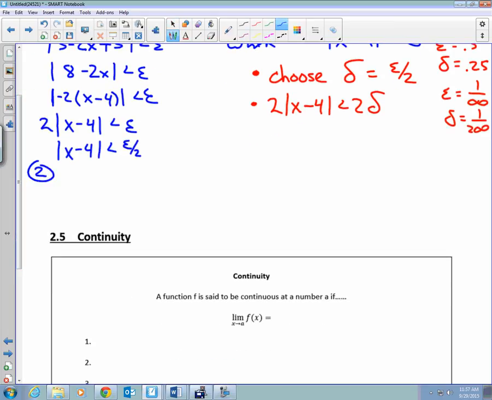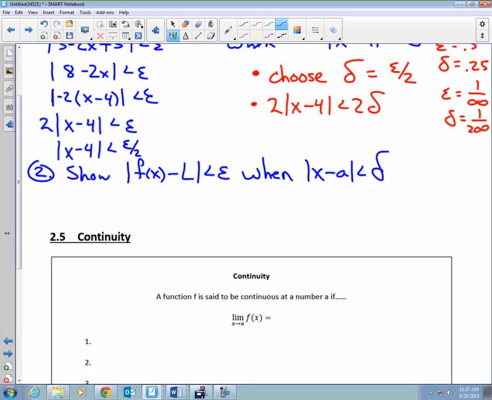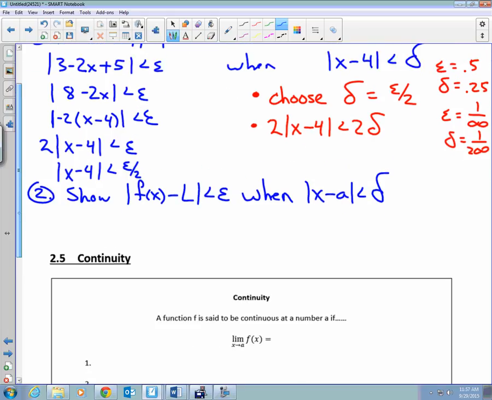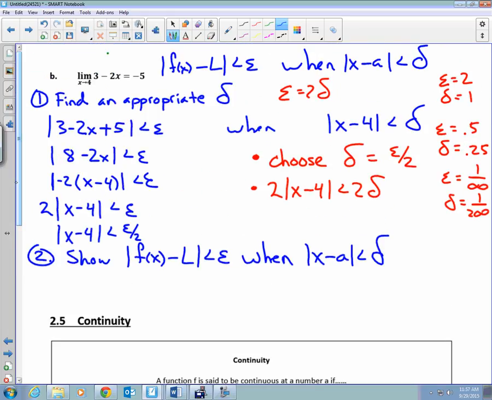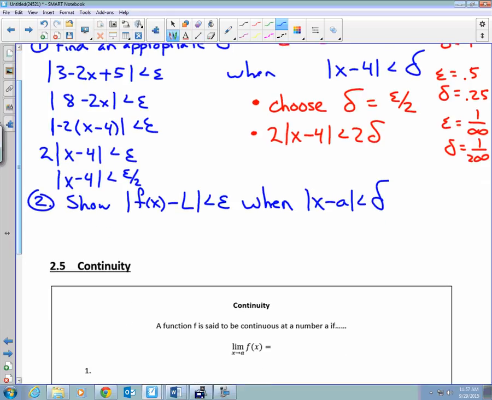Step 2, show absolute value of f of x minus L is less than epsilon when x minus a is less than delta. So your first step was to choose an appropriate delta for that. Now we want to show. So again, different operative words.